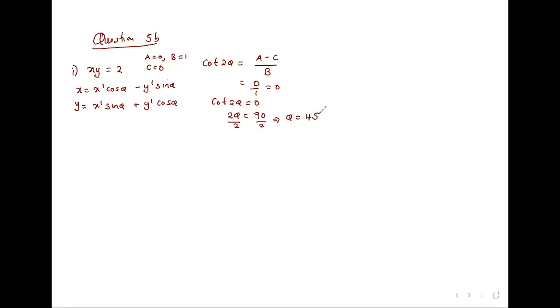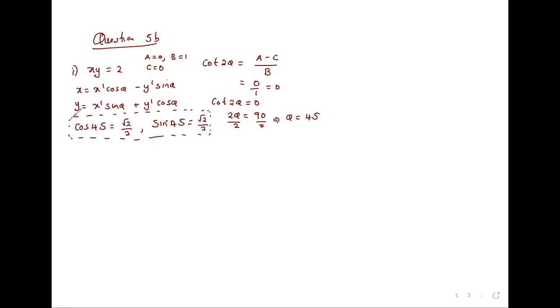So what is cos 45? Cos 45 is equal to root 2 over 2. The good part is that it's equal to sine 45, which is also root 2 over 2.